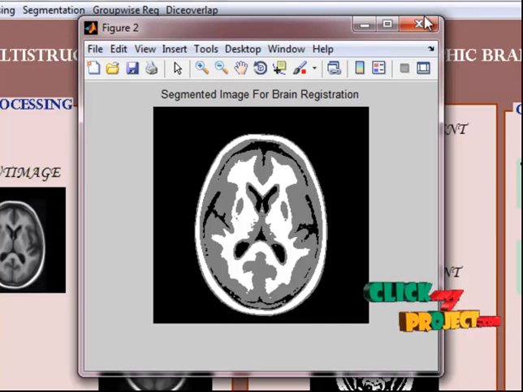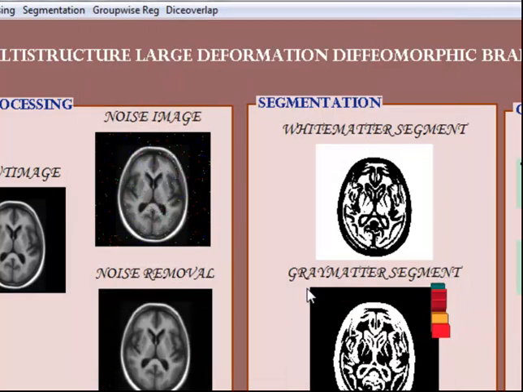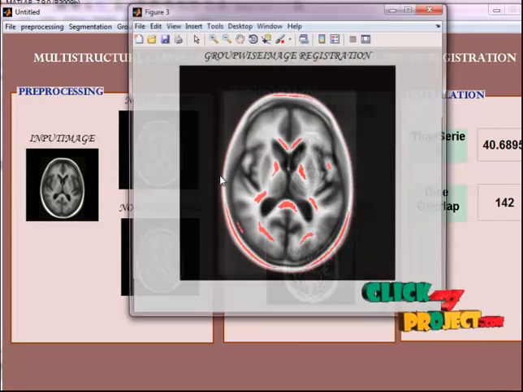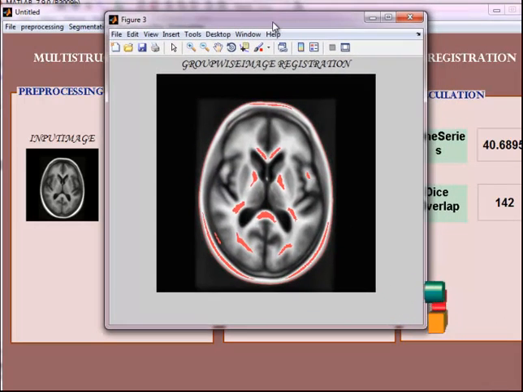The next one is dice overlap. Dice overlap is used for group-wise image registration. One of the most significant findings of the relative performance of these registration methods is that the comparison appears to be little affected by the choices of subject populations, labeling protocol, and type of overlap measure.